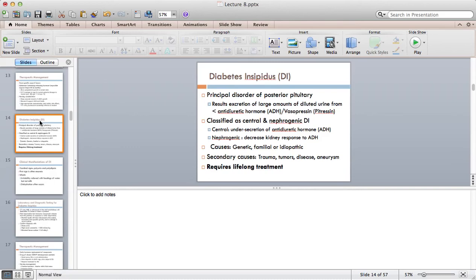Treatment will be aimed at identifying the cause of the problem. If the cause is a tumor of the brain that is compressing on the pituitary gland, then we need to remove the tumor and then do the radiation therapy.